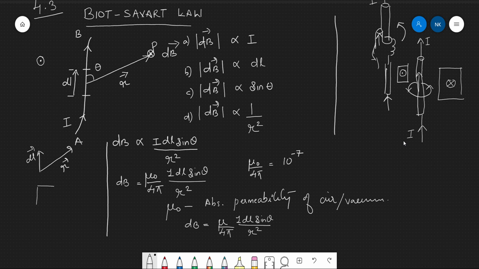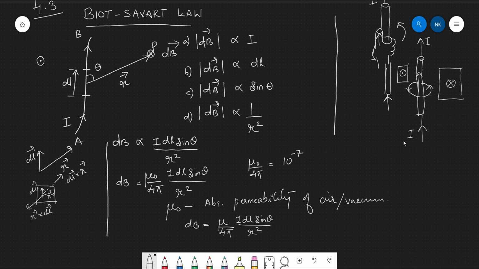Here this is the dl vector, and here this is the r vector. This is going to be the direction of dl cross r, and this is the direction of r cross dl. From this diagram it's very clear that the magnetic field is pointing away from you, that means in the direction of dl cross r.